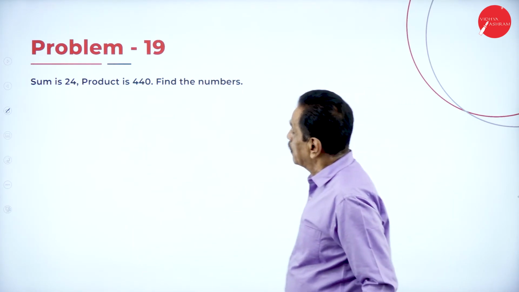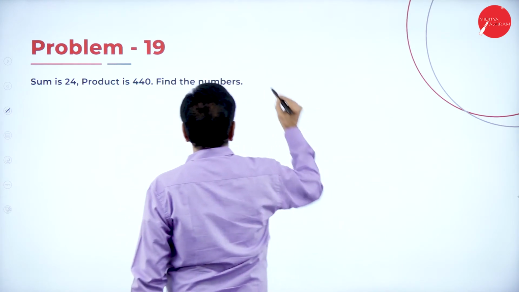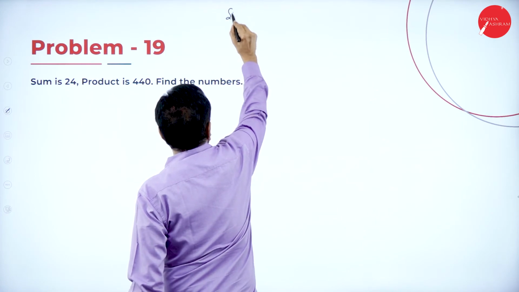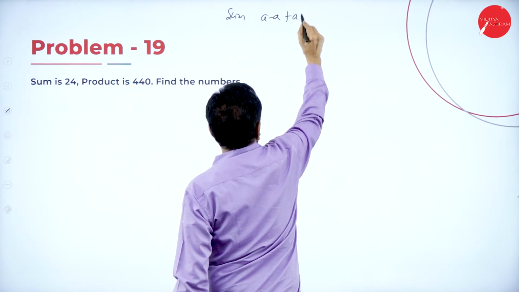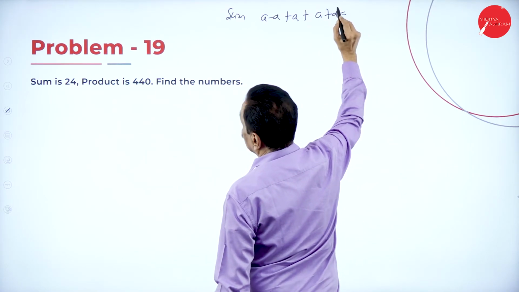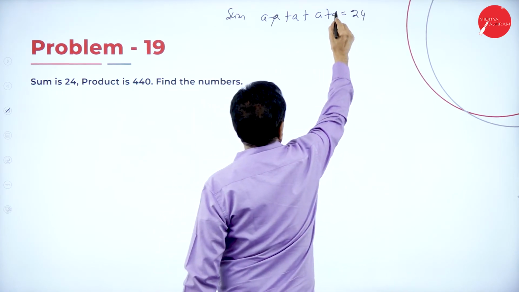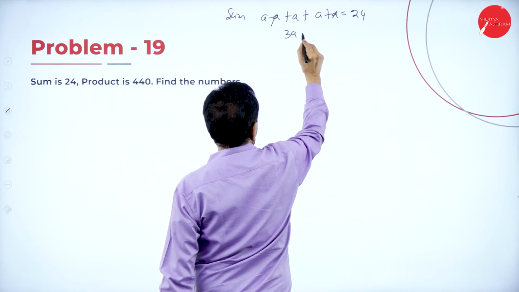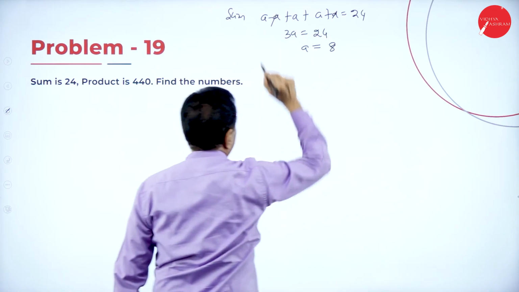Now, sum is 24, product is 440. Sum: A minus D plus A plus A plus D is equal to 24. D cancelled out. 3A is equal to 24. A is equal to 8.